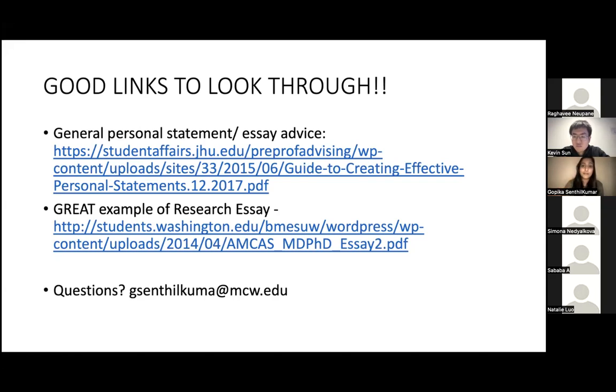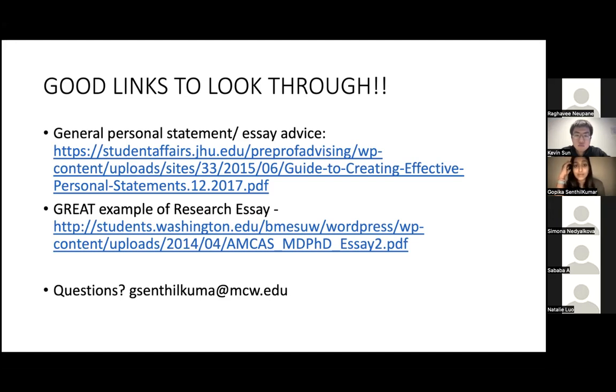So especially because the other important distinction in MD-PhD is an MSTP program versus a MD-PhD program. So there's about 40 programs in the country that have the MSTP designation. That means that they have NIH funding, and normally those are looked upon as the best programs. So those 40 are kind of your top ranked MD-PhD programs. And then there's a bunch of other programs that offer MD-PhD training, but they might not give you the same level of funding.